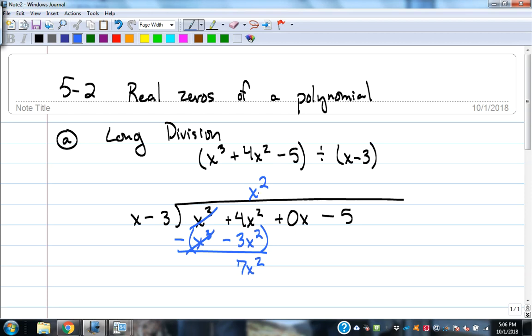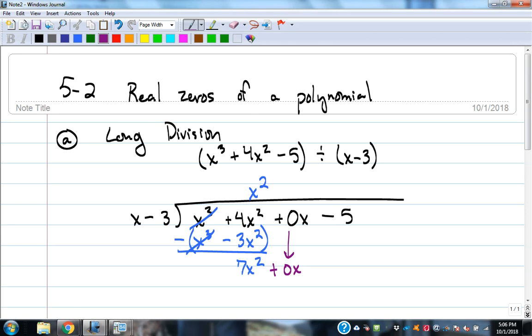Now I'm going to bring down the next term. I remember in elementary school, you always brought the next number down. So I'm going to bring down the 0x. Even though it's 0x, I'm still going to bring it down. The reason I'm going to bring down just 1, how many terms am I dividing by? 2. I need 2 of them right here.